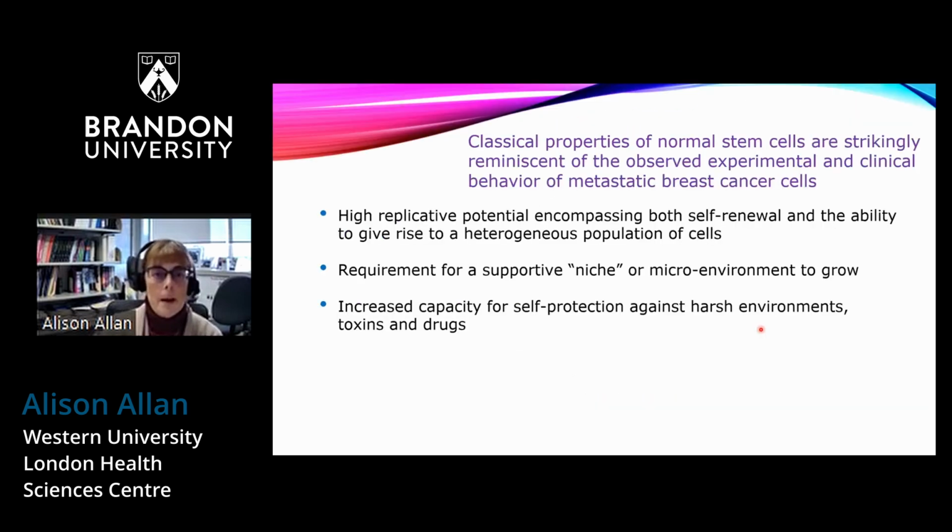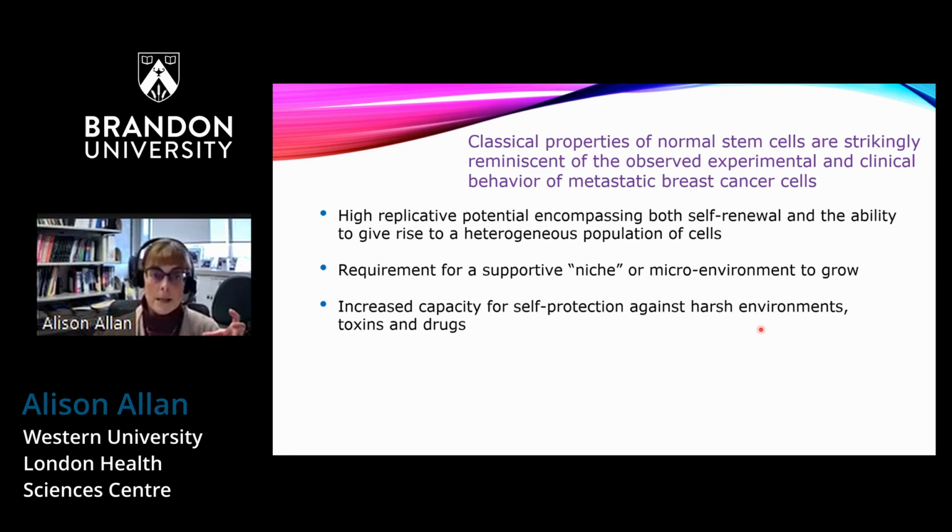So again, for the grad students, it's always great to go back and look at the literature, and we observed that the classical properties of normal stem cells are very similar to the observed experimental and clinical behavior of metastatic breast cancer cells. Both of them have high replicative potential, which includes both self-renewal and the ability to give rise to different cell types, or a heterogeneous population of cells.